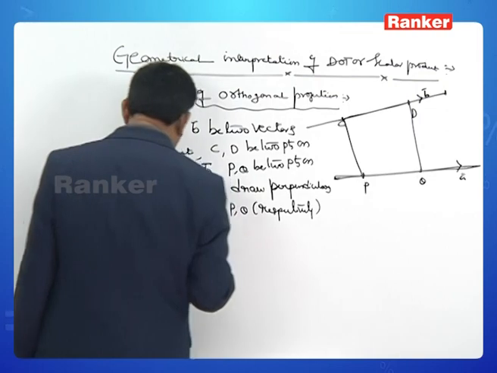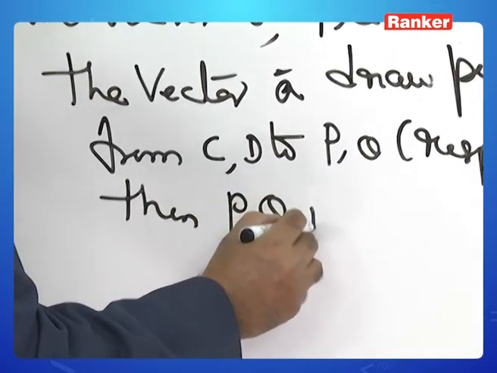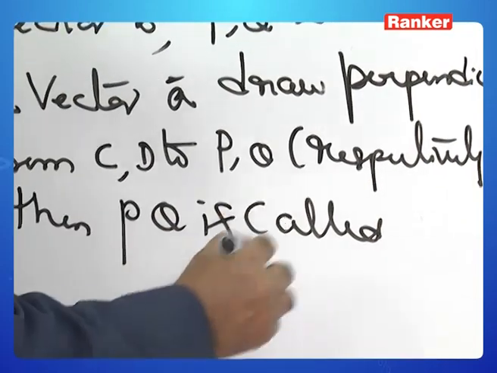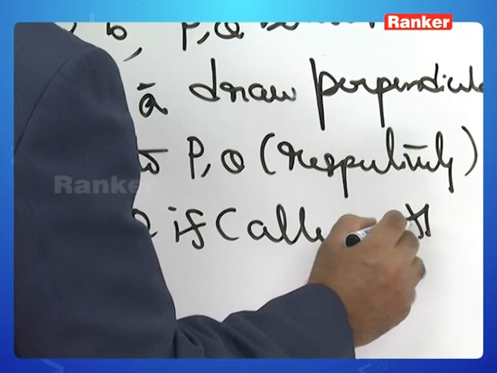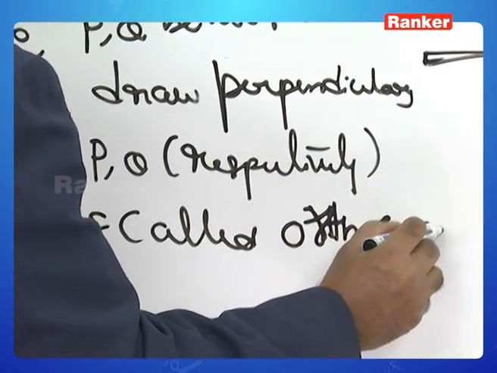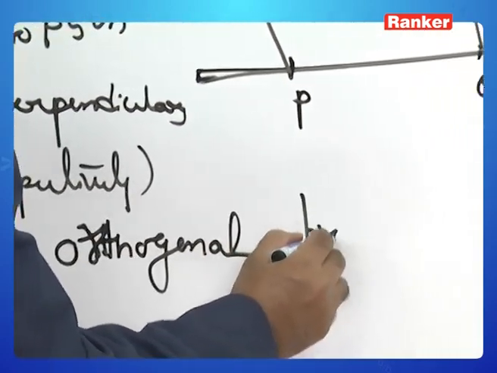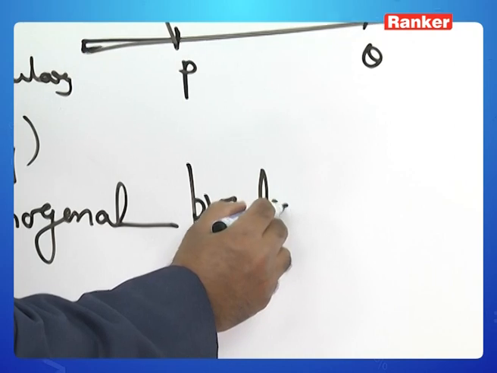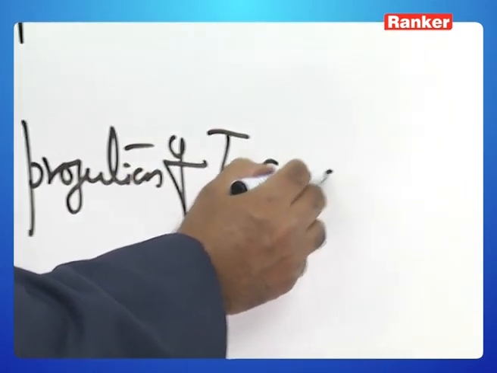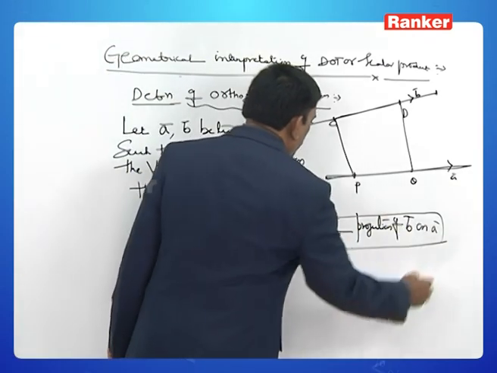Then PQ is called the orthogonal projection of B bar on A bar.